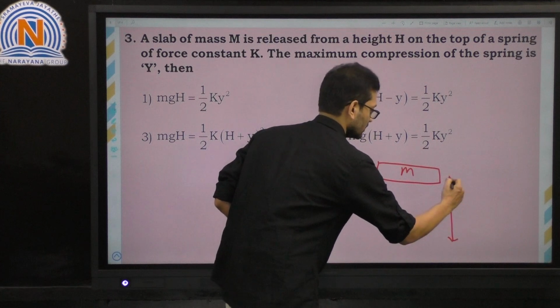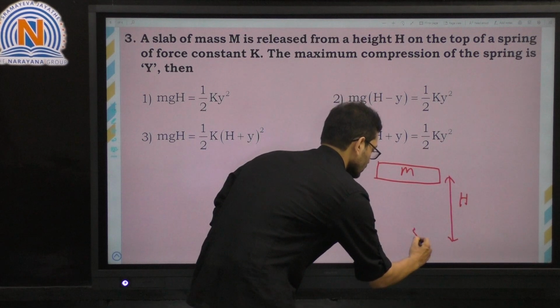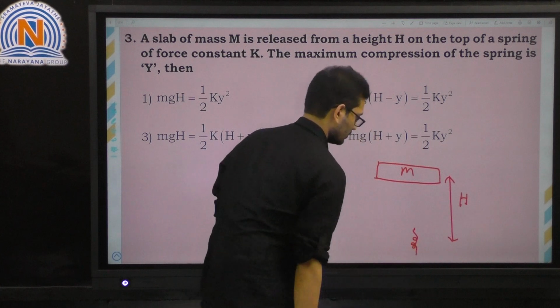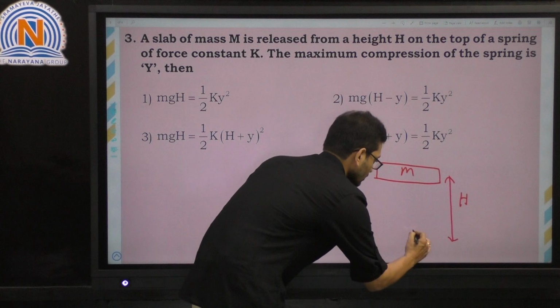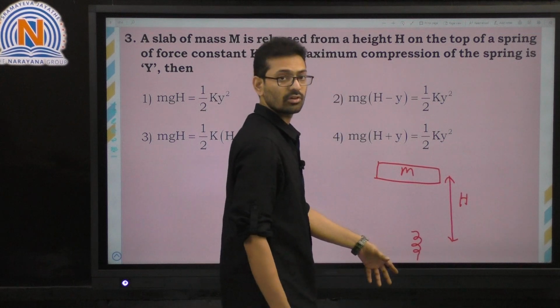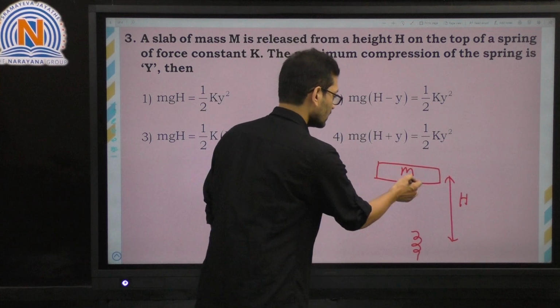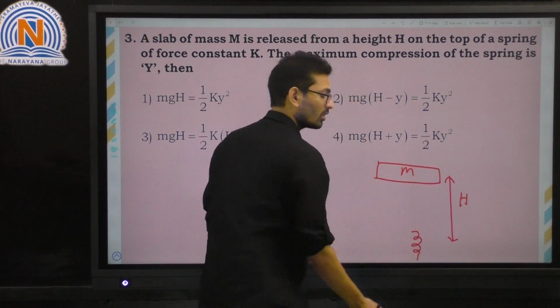This is height h, and you have a spring over here. Let me draw a little better. You have some spring over here. Now this slab from a certain height falls on that spring.